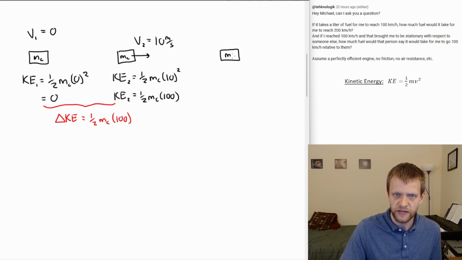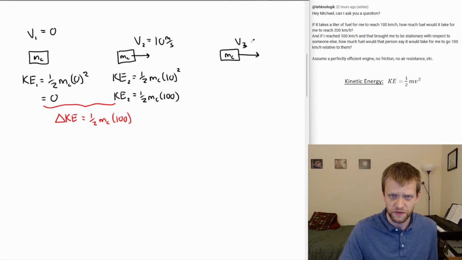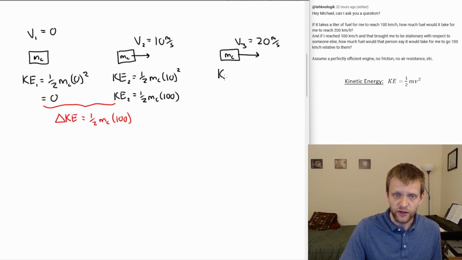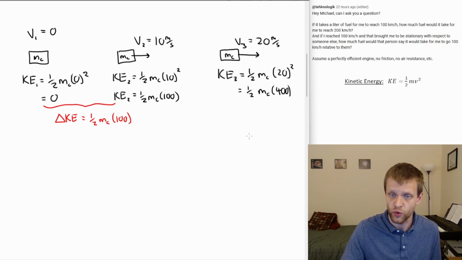This car speeds up even more and is now going at 20 meters per second. So let's call this V3, and that's going at 20 meters per second. Well, kinetic energy in this state is 1/2 times the mass of the car times 20 squared. And when we plug that in, we're going to get 400 for that 20 squared.